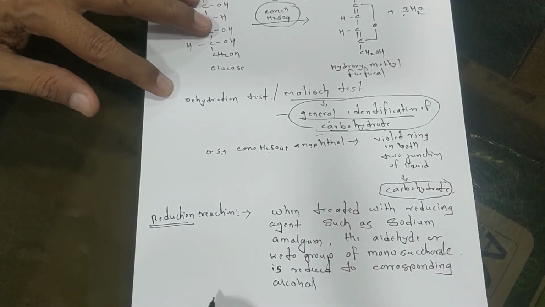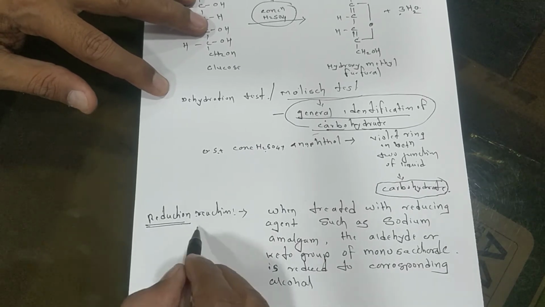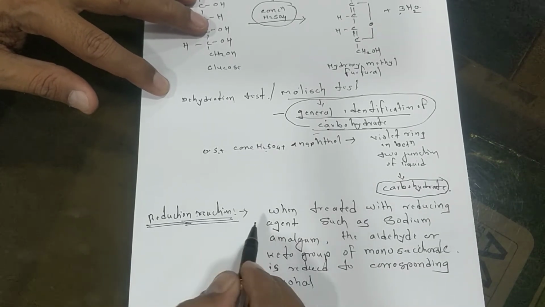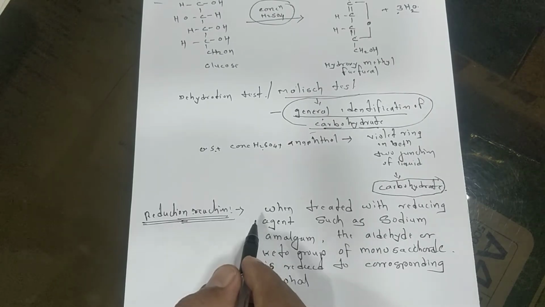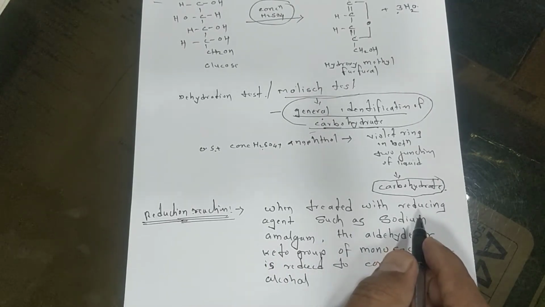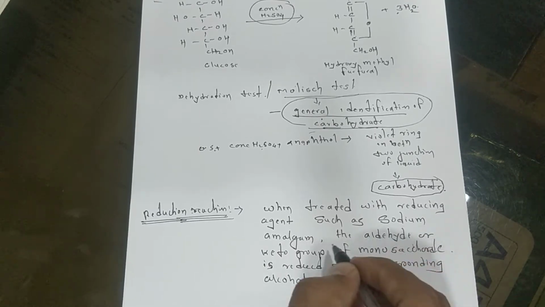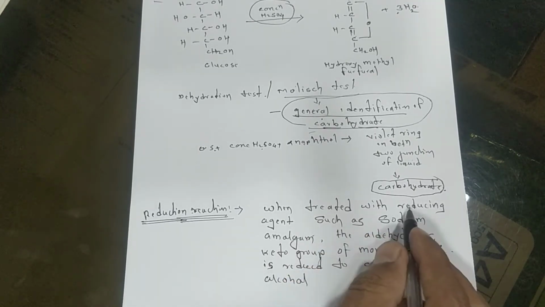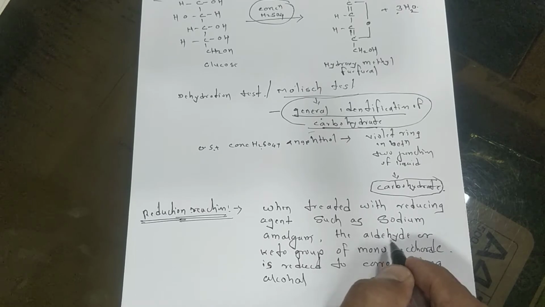See, what is a reduction reaction? Now, the reduction reaction is when treated with the reducing agent. Here the reducing agent used is sodium amalgam. The aldehyde or ketone group.